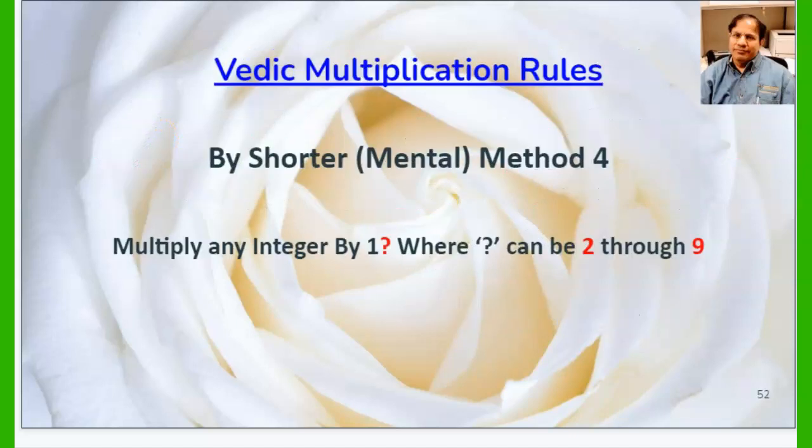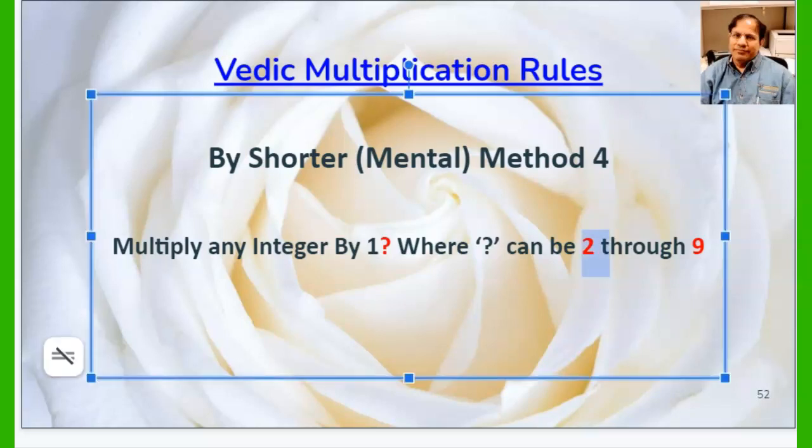Now we continue with the next method, which I call method 4. And of course, the multiplier being 11 is a special case of this method. In this method, you can use the multiplier as any number greater than 11, so it can be 12 through 19.